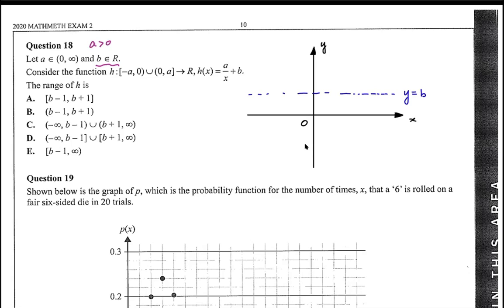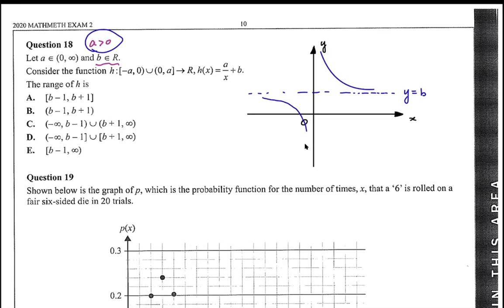But you do need to notice A greater than 0. This condition is very important because you're using that to decide the general shape of this hyperbola. And it's going from -A to 0. Okay, where's 0? And Y is 0 exclusive because it's the only vertical asymptote.